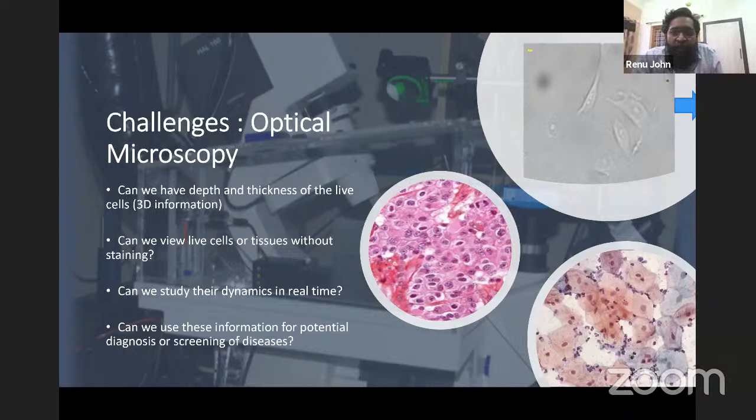As for how we do it on the cells, I don't know whether you can see the background image of the microscope. This is a commercial Zeiss microscope with an incubator attached to it. It is a glass incubator, where you can load the cells and grow the cells in real time while you do the imaging.